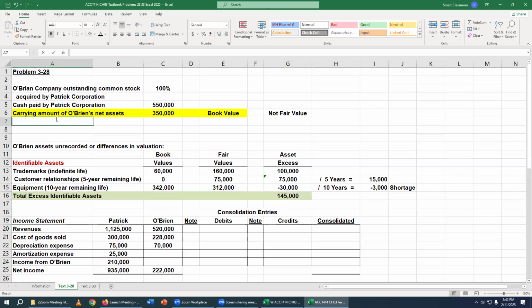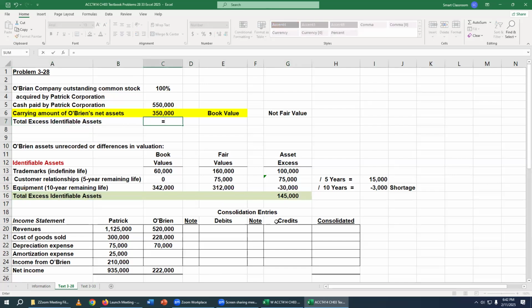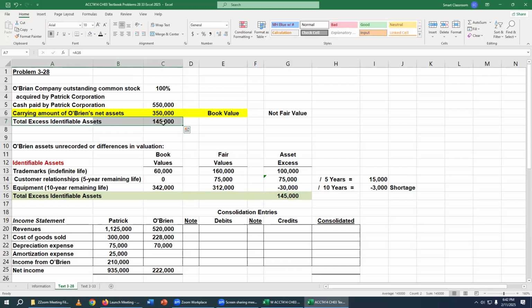So you mentioned that it would be the carrying amount and the total excess identifiable assets. You're going to add them together, because it's the carrying amount. Yeah, add them together. So I forgot what color I made that. Oh, that color.